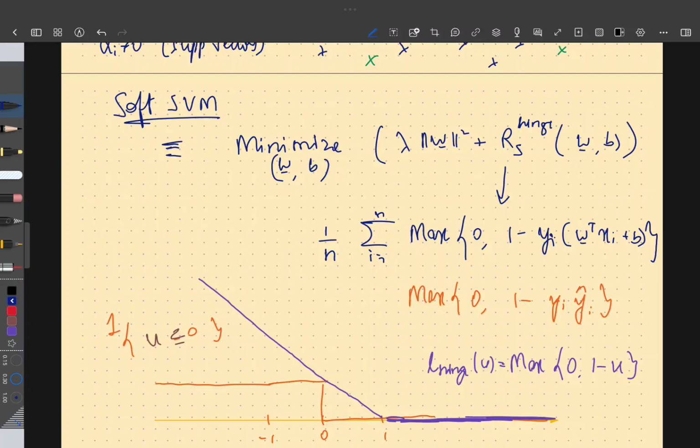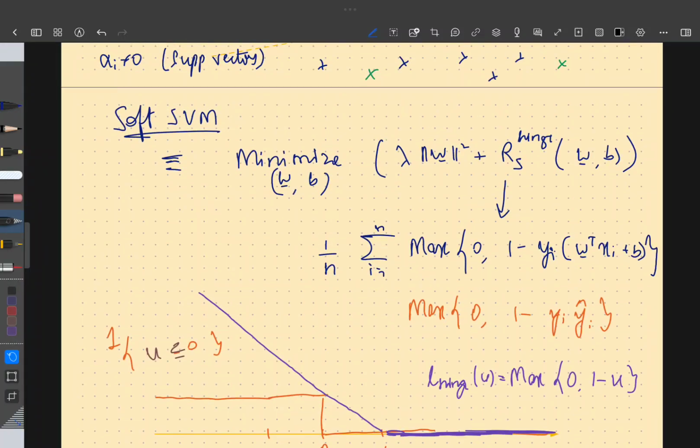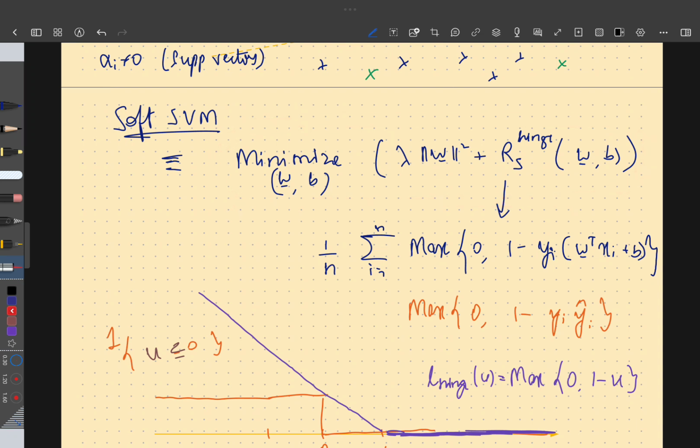So coming back to this equivalence, I said that soft SVM is equivalent to minimizing the following objective function. It's an unconstrained optimization problem, but this minimization problem can be viewed as an empirical risk minimization problem with an L2 regularization term.